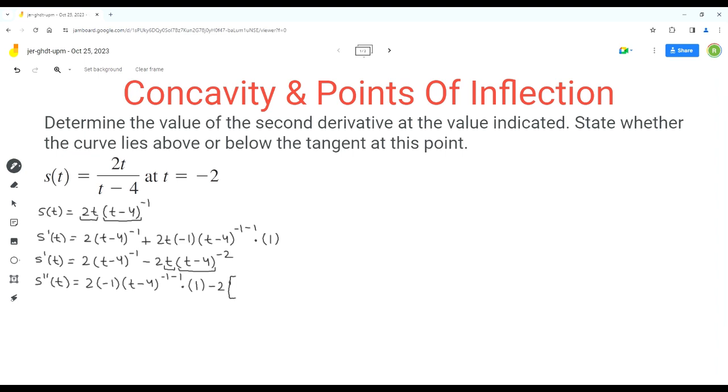The derivative of t is 1 times the second term, then plus the first function t, and the derivative of the second function can be found using the chain rule. We'll start with the derivative of the outer function. So we'll move the -2 exponent to the front and we'll subtract 1 from it.